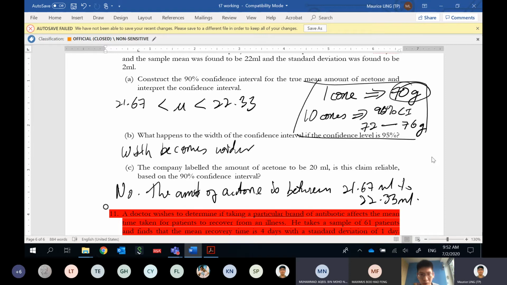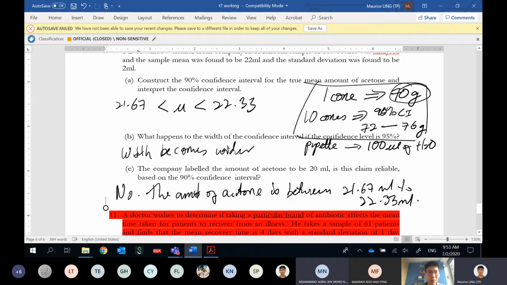Okay. So let's say I ask you to pipette 100 microliters of water, and in reality, every time your pipetting skills are a bit off, and your 90% confidence interval is actually, let's say, 102 to 106 microliters.